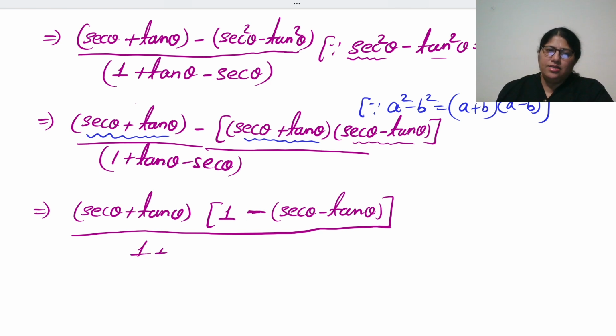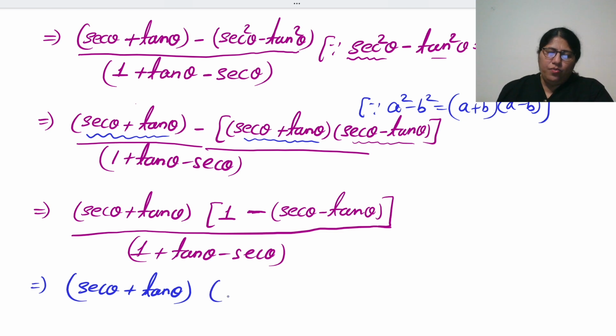Then the denominator as it is, 1 plus tan theta minus sec theta, correct. After that, I'll open the bracket: sec theta plus tan theta in one bracket, and if I open this bracket, 1 minus, because this minus sign will distribute over both the terms, so 1 minus sec theta plus tan theta.